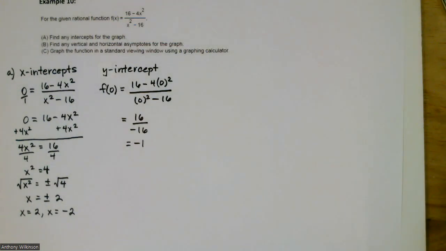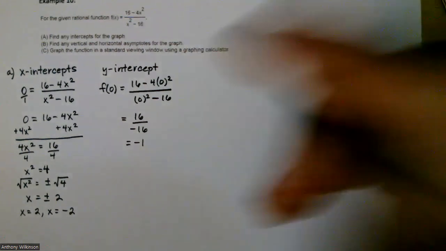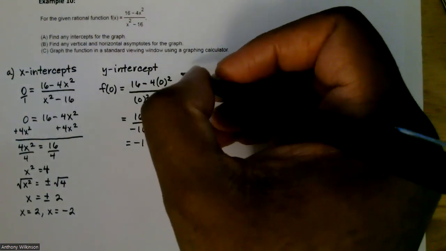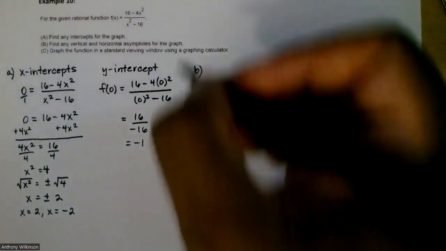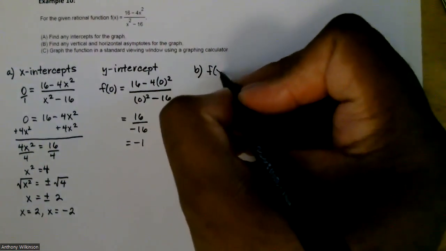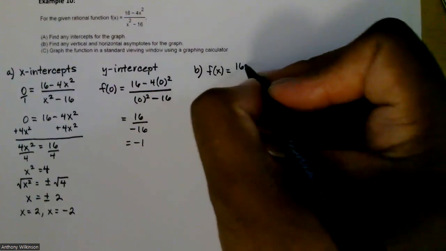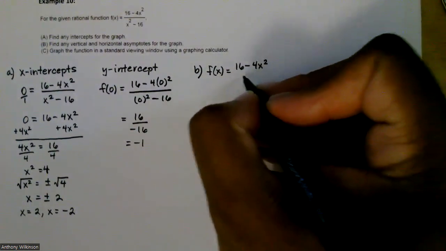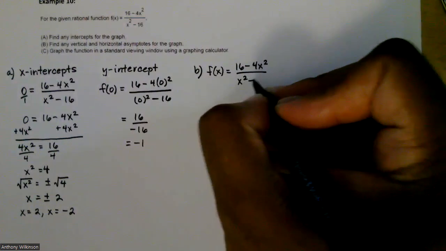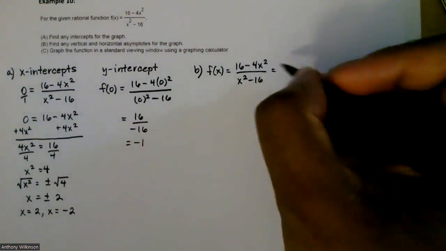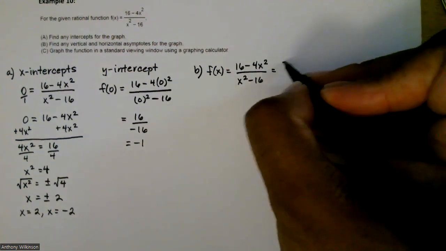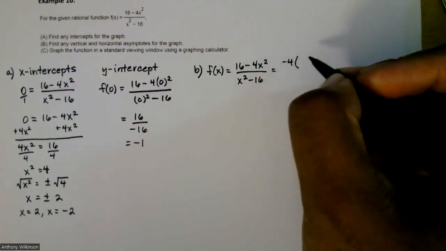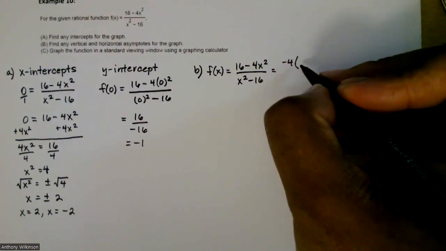All right, now part B is finding any vertical and horizontal asymptotes for this graph. For this function right here, I'm going to rewrite this. Let's see if I could factor out a negative 4. I'm just trying to see if I have any common factors here.